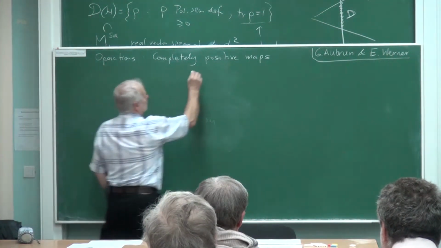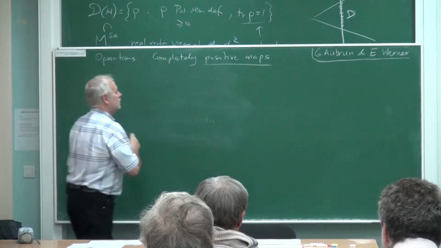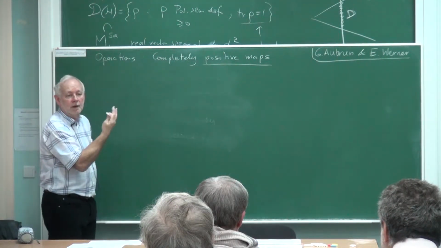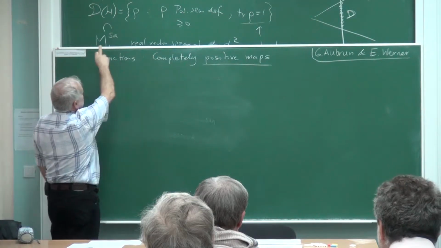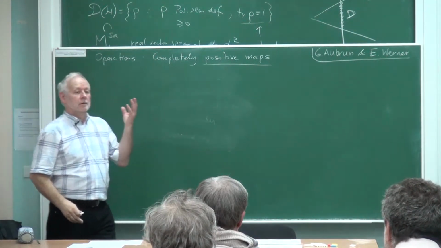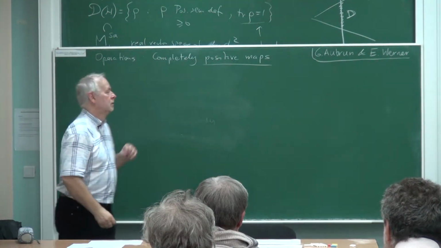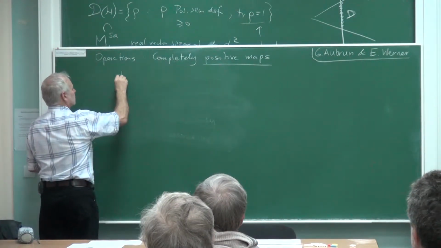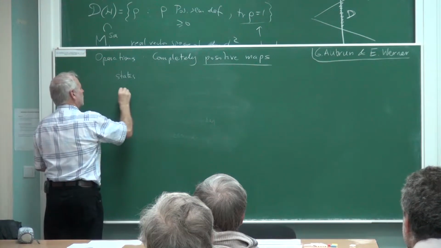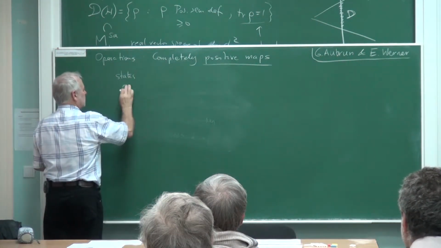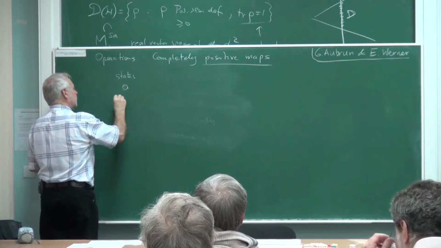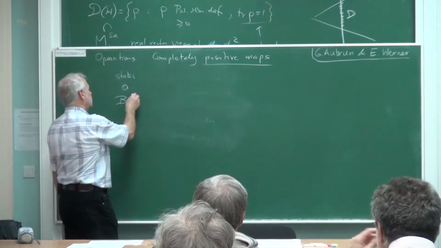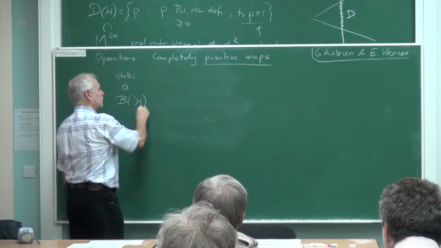So first of all, what is a positive map? What kind of map are we talking about? Our states are matrices, so states belong to the algebra of bounded operators on some Hilbert space.